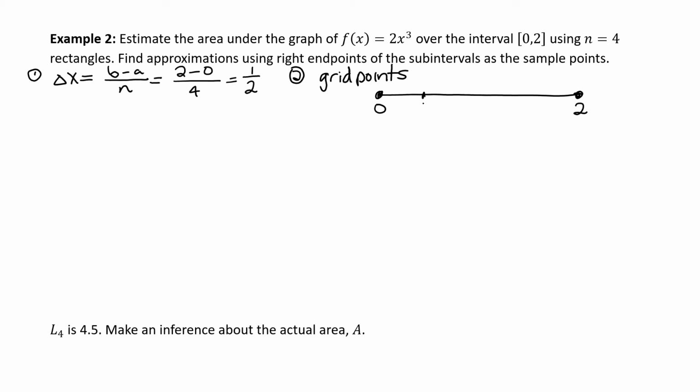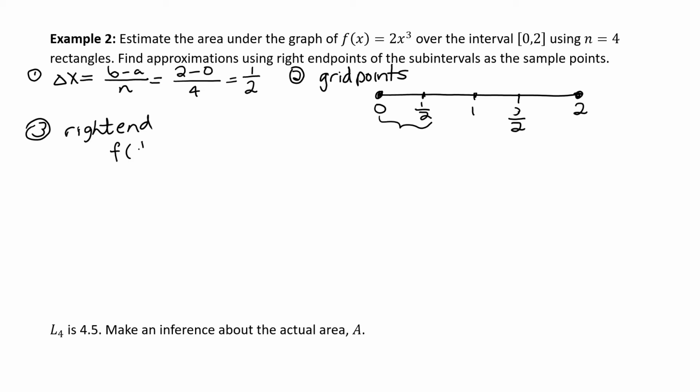So we'll have a grid point at 1/2, at 1, and at 3/2. Since we're going to get rectangles, let's go ahead and find the height with respect to the right end. Between 0 and 1/2 for the first rectangle, the right end point is 1/2.